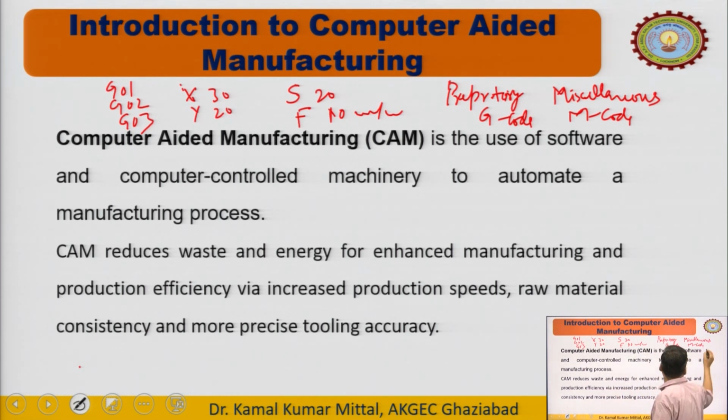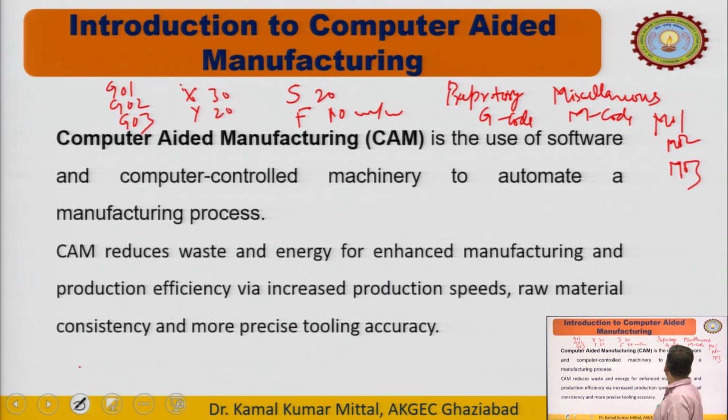These are represented by M01, M02, M03 like that. So these are the different codes which are used to make a part program. These codes and a part program we will discuss in the coming lecture by taking an example of a job which is going to be manufactured.